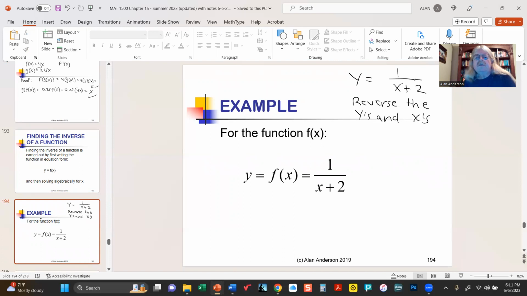Okay, so in other words, you're going to have x is 1 over y plus 2. And all I did was wherever there was a y, it's now an x. Wherever there used to be an x, it's now a y. And then solve for y. So I'm going to multiply both sides by y plus 2.